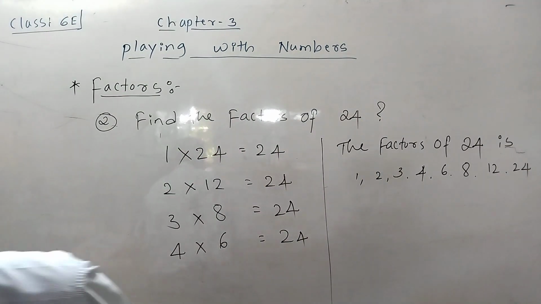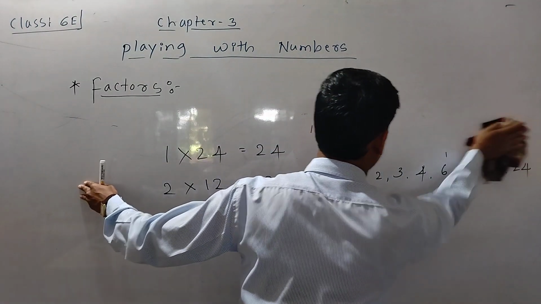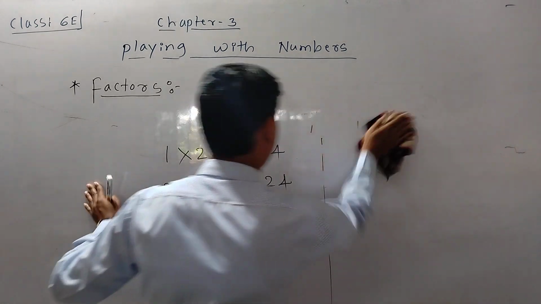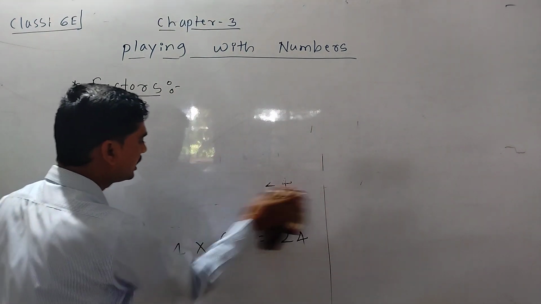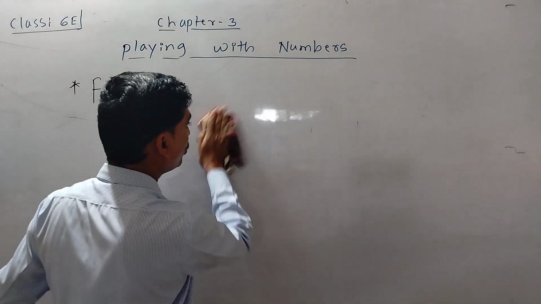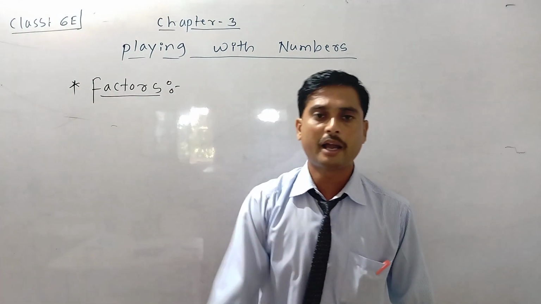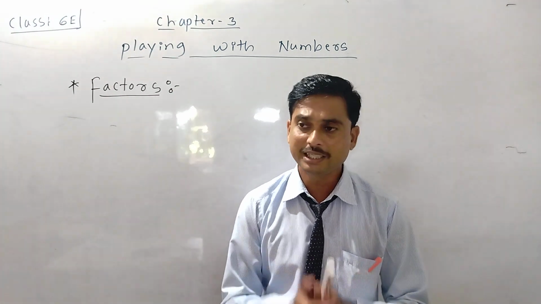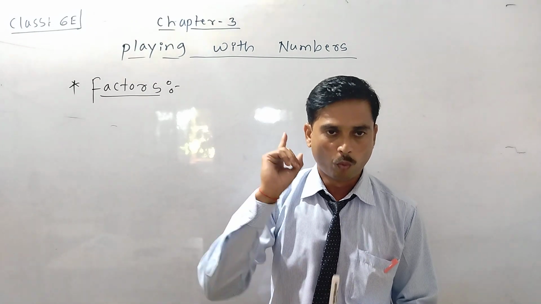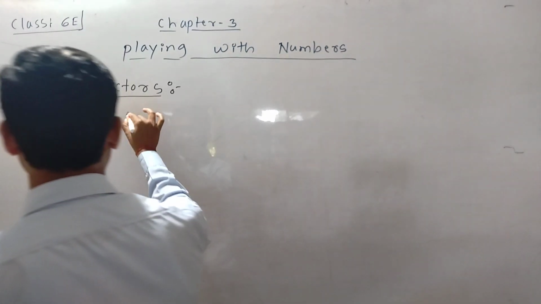Okay. The next point we are going to discuss now. But one thing you have to remember in your mind always: which is the factor of all numbers? Each and every number has that factor. Which is that? 1. 1 is the factor of every number. Remember, this point is very important.